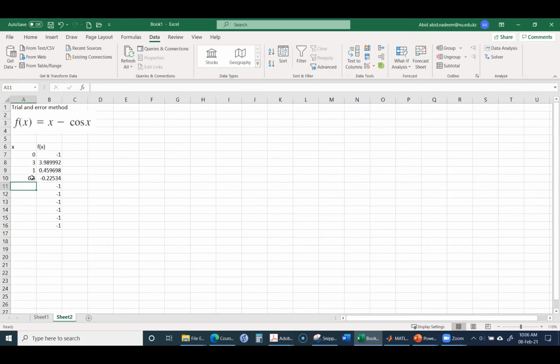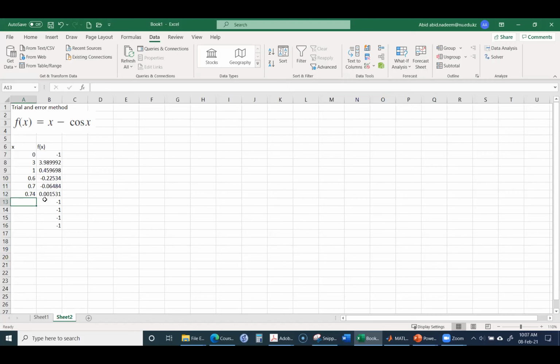In these two values, I can put 0.7. Now you can see that the value is very close to 0. So it is now between 1 and 0.7. Okay, so it should be 0.74 maybe.